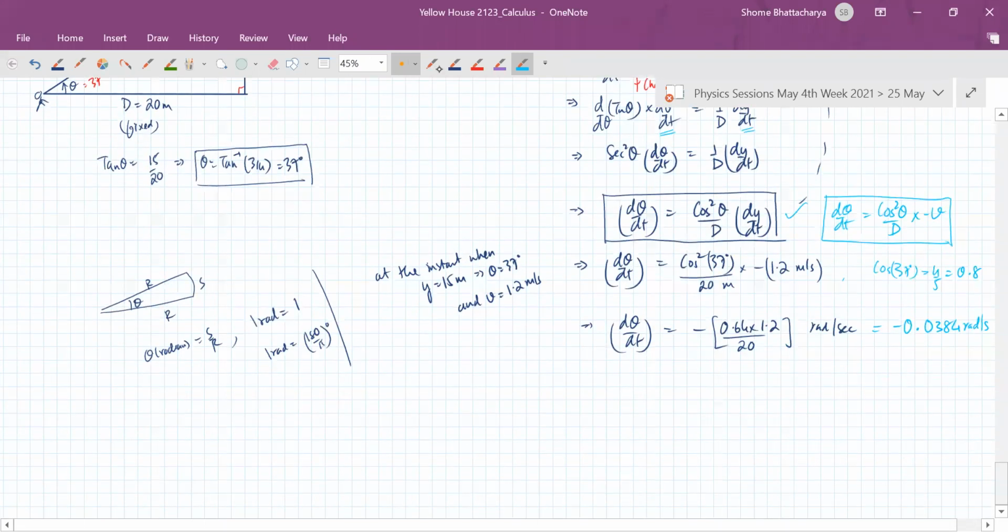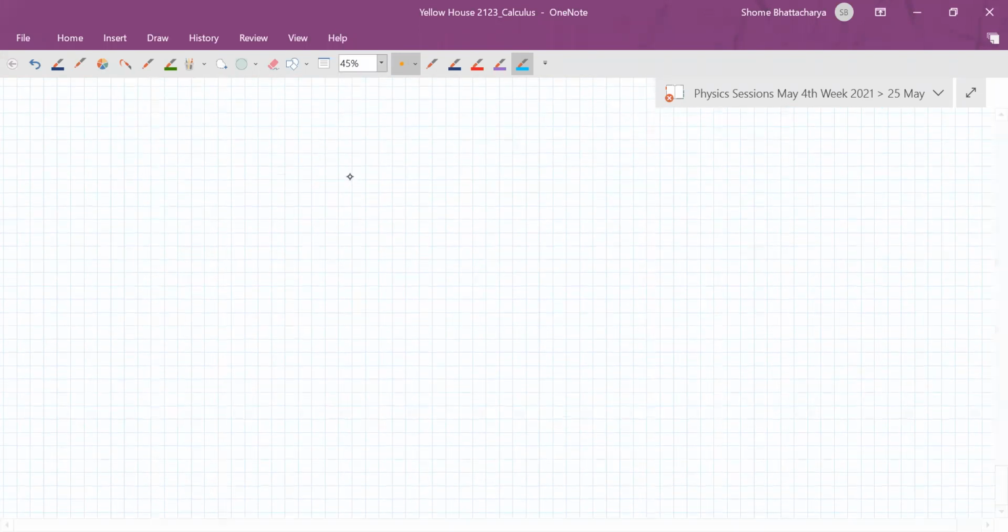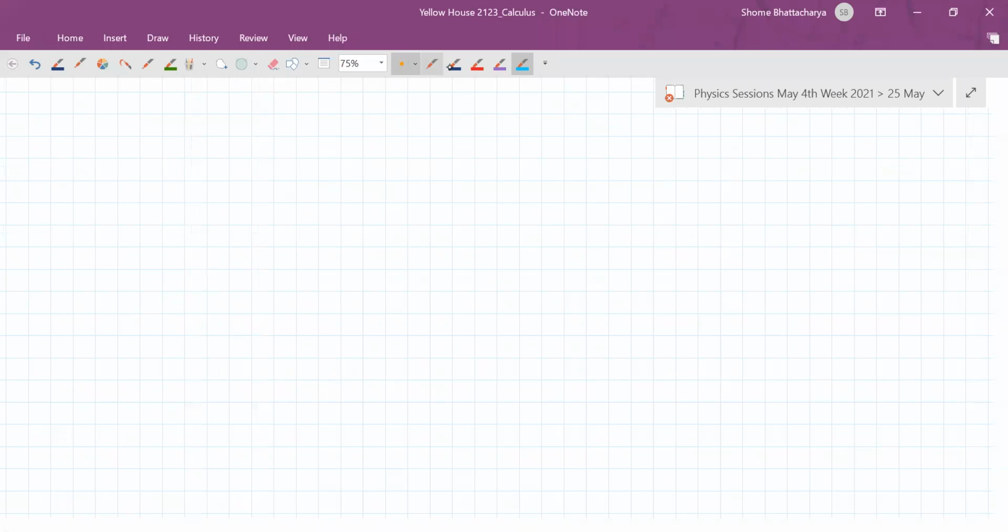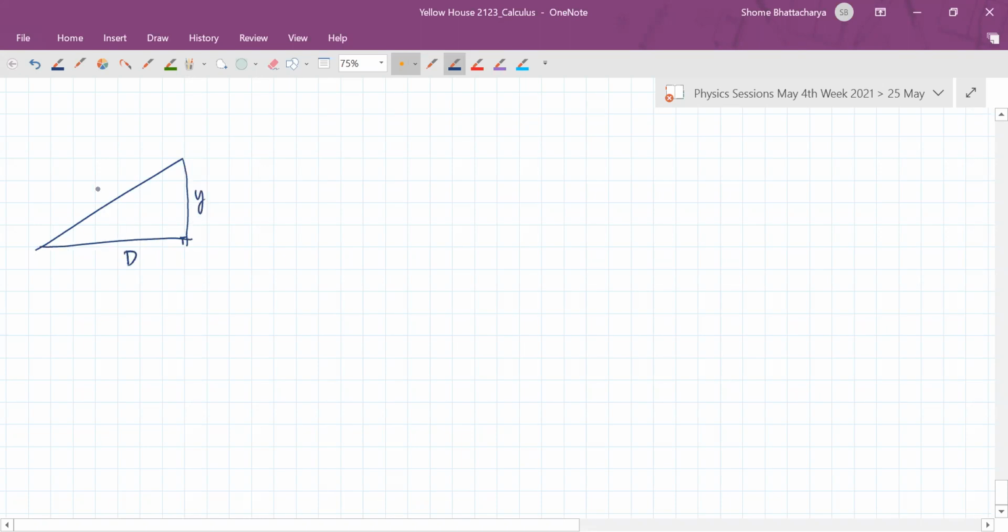Okay, now next part, we want to find out ds by dt, the rate at which that distance s is changing with respect to time. That distance s is nothing but the hypotenuse. So again, we'll relate it. The easier way to relate it will be by Pythagoras theorem here.